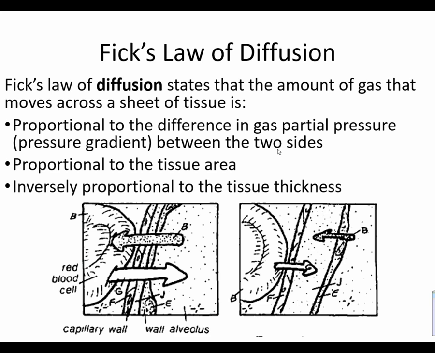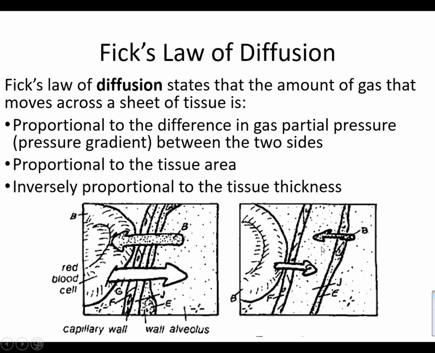Inversely proportional means that if one goes up, the other one goes down. So the thicker the tissue area, like we show over here, the less diffusion can be performed. This is the respiratory membrane that they're showing. Here's a normal healthy lung. Alveolar wall is thin, so is the capillary wall. Diffusion is easy. The diseased lung shown over here is increased in size, the respiratory membrane that is.